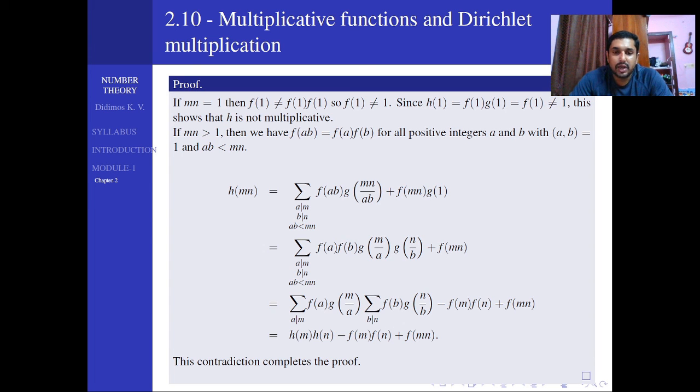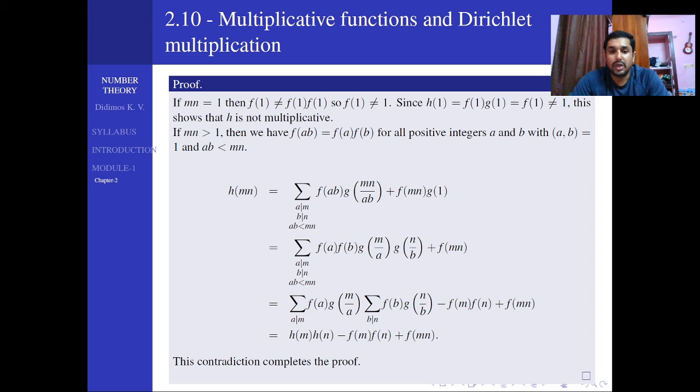Then sigma a divides m, b divides n, ab less than mn, f of a, g of b, g of m by a, g of n by b, because we have assumed that g is multiplicative, and for any pair a, b, since ab is less than mn, we have f of ab equal to f of a into f of b.